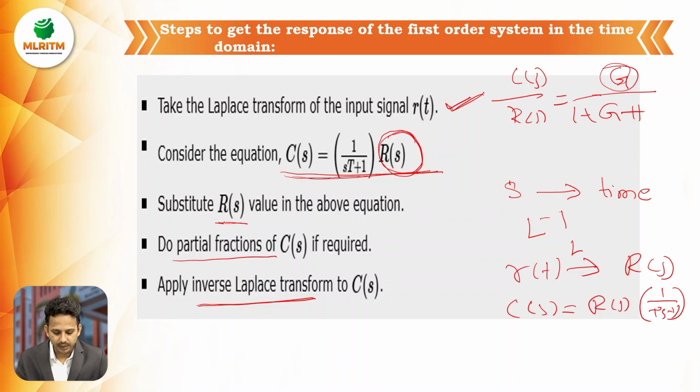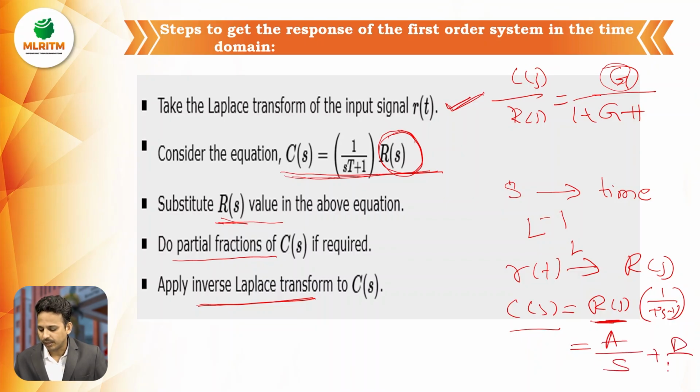After that, substitute the R of s value. Then we get the C of s function, where R of s is multiplied with the forward path gain. Then we perform partial fractions, something like A by s plus B by 1 plus tau s, if R of s is equal to 1 by s.